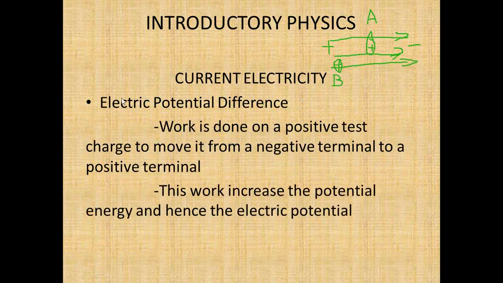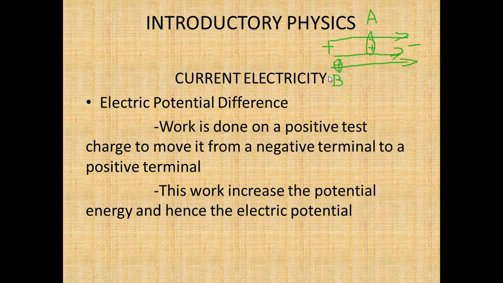Okay? So again, work is done on a positive test charge to move it from a negative terminal to a positive terminal. So you're going to have to do work. You have to use energy to push it towards the high potential terminal.